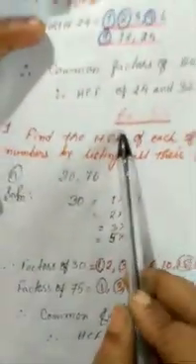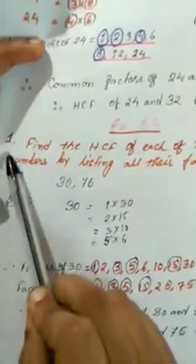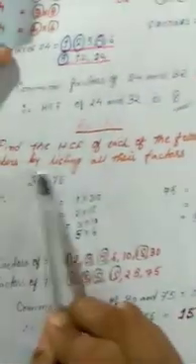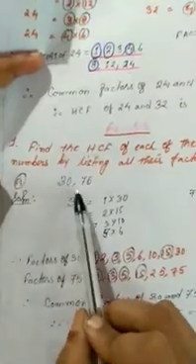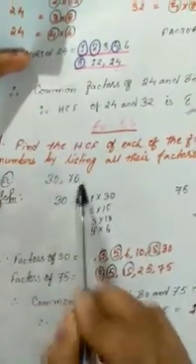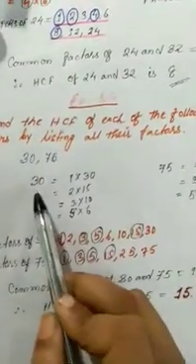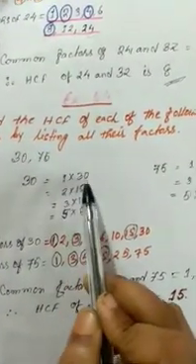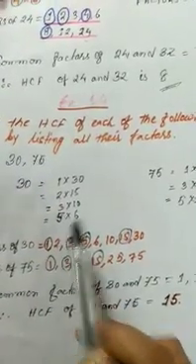So let's start the new exercise, exercise 5.4, and question number 1 is: find the HCF of each of the following groups of numbers by listing all their factors. Question A is 30, 75. These are the numbers for which we have to find the HCF. 30 we can write as 1 into 30, 2 into 15, 3 into 10, and 5 into 6.